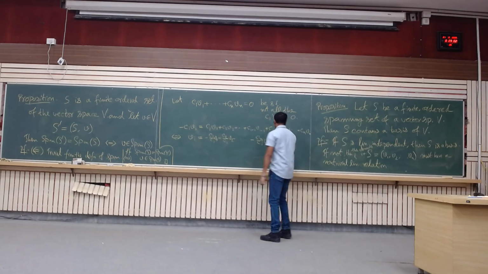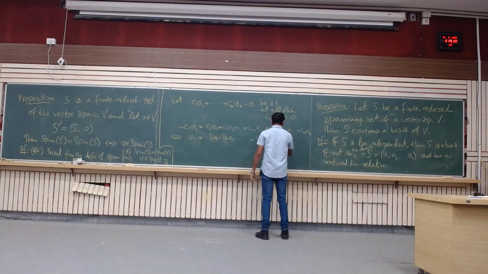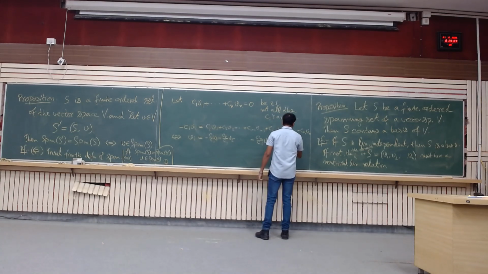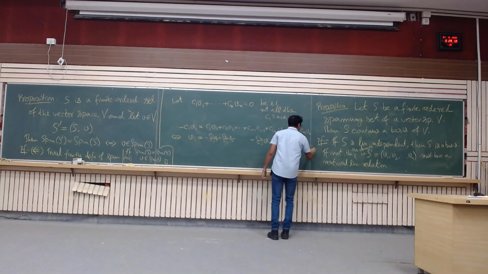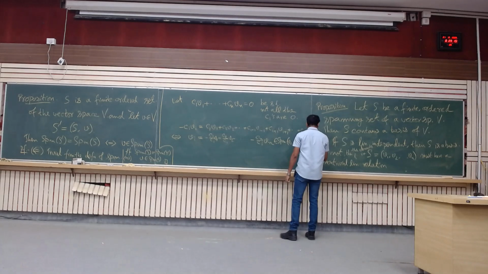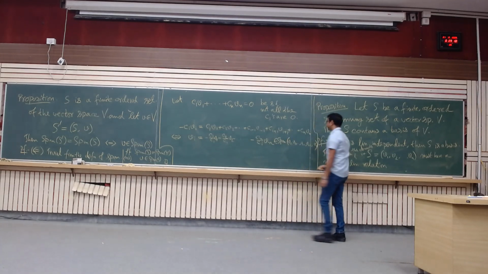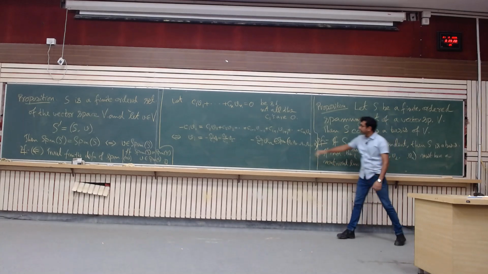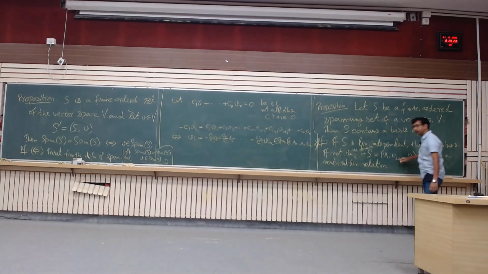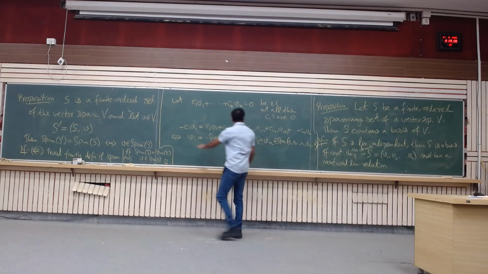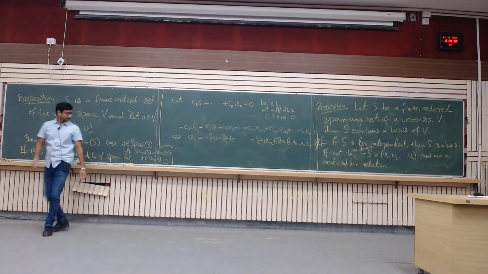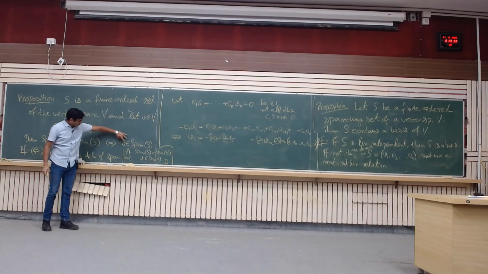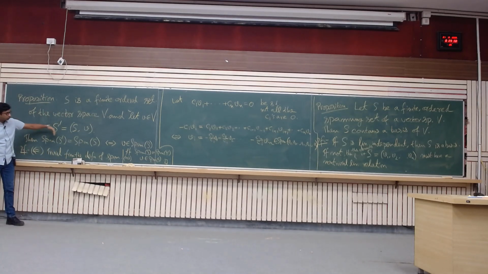So, this is inside the span of V1, V2 dot dot dot, Vi minus 1, Vi plus 1 dot dot dot Vn. That is what you get after removing Vi from S. So, since Vi is in this span, now we apply this one, replacing this V with Vi. So, V is in the span if and only if these two spans are the same.